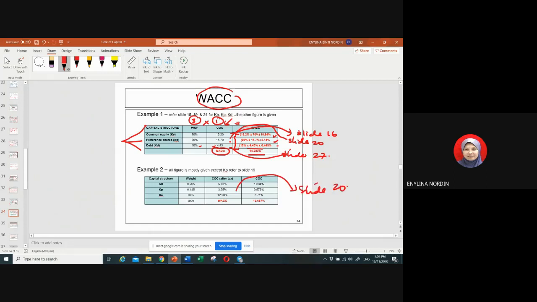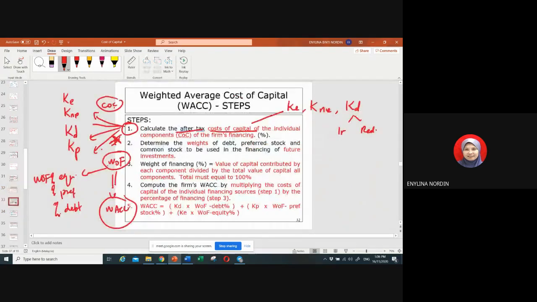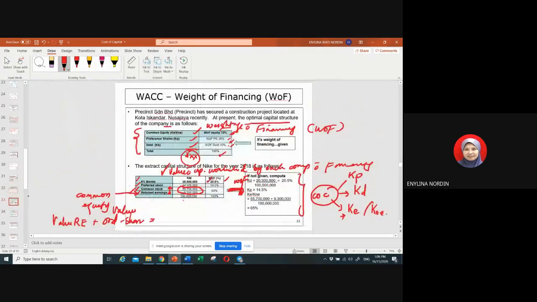Then you multiply this 3.95 with the weightage of financing. This one is based on the second example on the previous slide, where we make use of this WOF 20.5, 14.5, and 65.